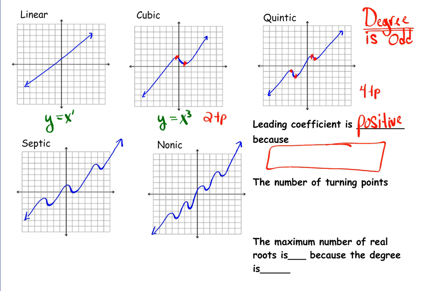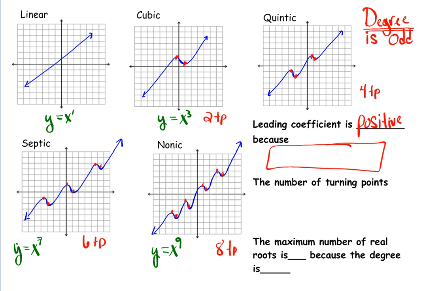In a septic, I have 1, 2, 3, 4, 5, 6. I have 6 turning points. And remember, this is y equals x to the 7th power. Hopefully you're seeing a pattern forming here. In a nonic, I have 1, 2, 3, 4, 5, 6, 7, 8. I have 8 turning points, and my generic equation looks something like this.